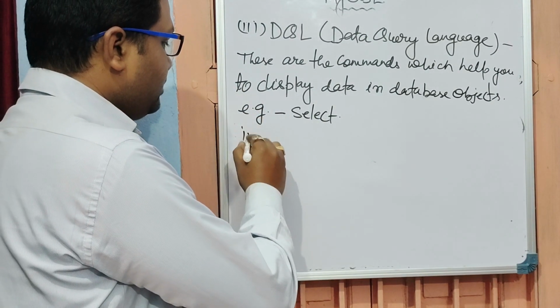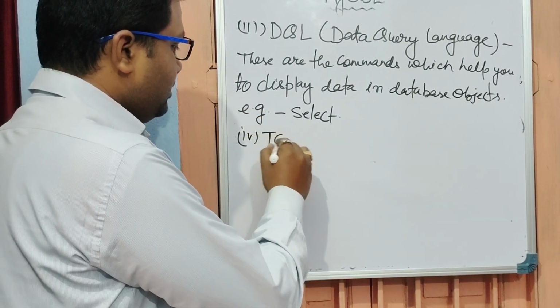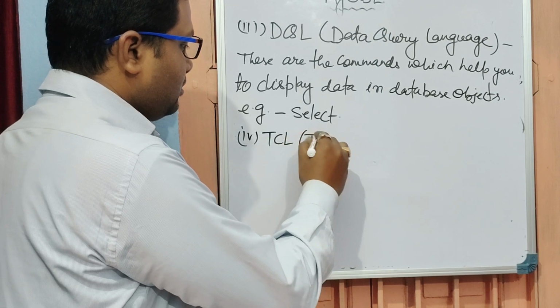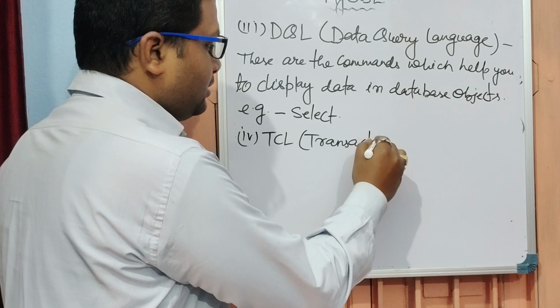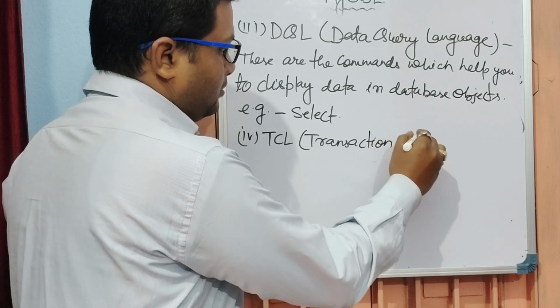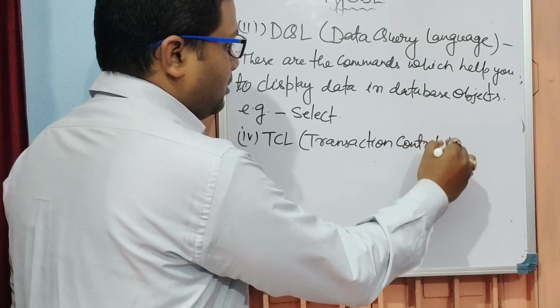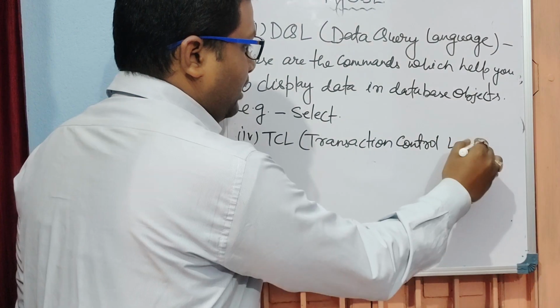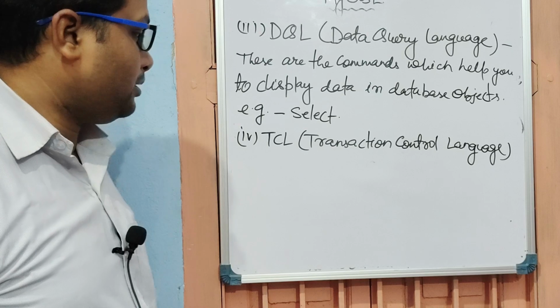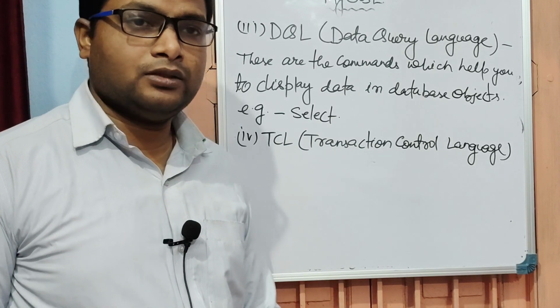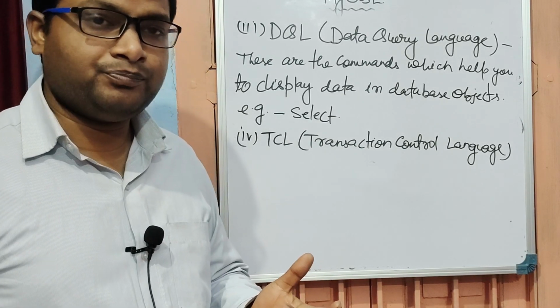And the fourth one is TCL. Its full form is transaction control language. Okay, TCL is called transaction control language.